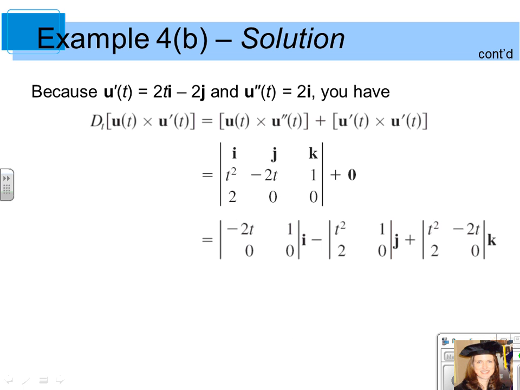And then the second cross product, okay, we'll see that the second cross product is u prime cross with u prime, which is equal to the 0 vector. And when you simplify this by determining the value of the cross product, we find that that ends up being 2j plus 4t k.